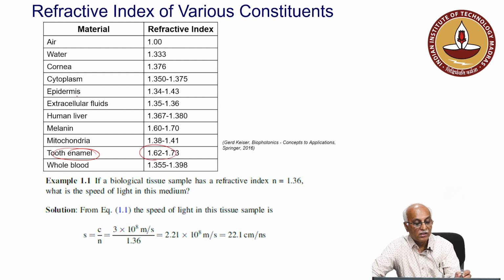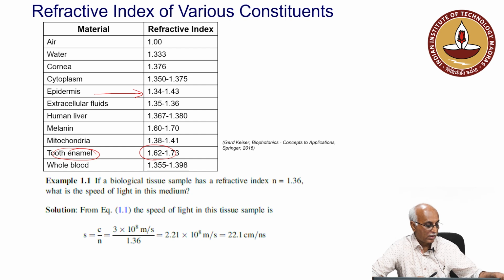For epithelial tissue or epidermis, it is around 1.34, etc. Now this refractive index plays an important role as far as scattering and dispersion are concerned, when light propagates through the medium.